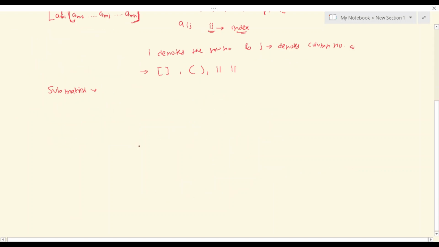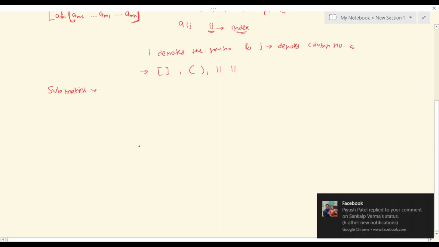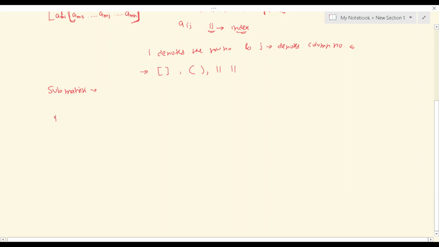Okay. Now there are different types of matrix based on different bases. Like this you can see we define rectangular matrix. You remember how we denoted a matrix as Aij m cross n. If m is not equal to n, then we define this matrix as rectangular matrix.